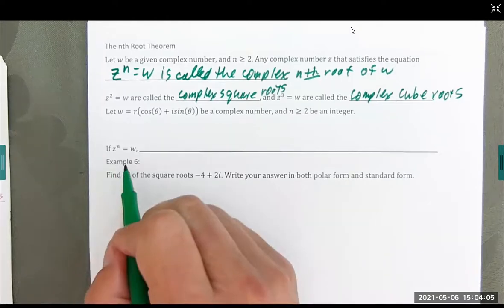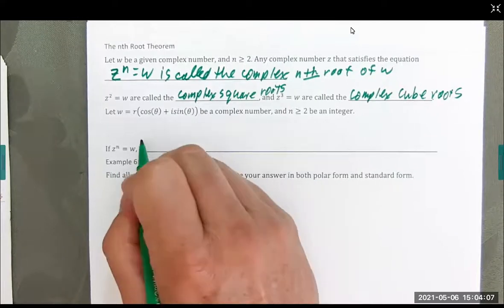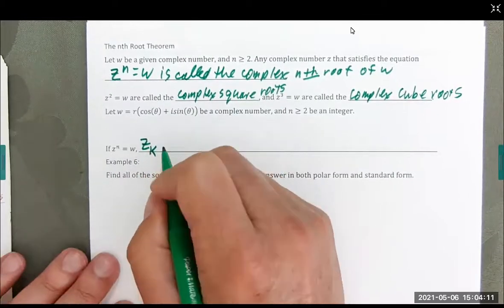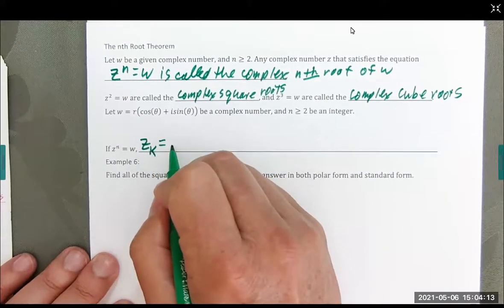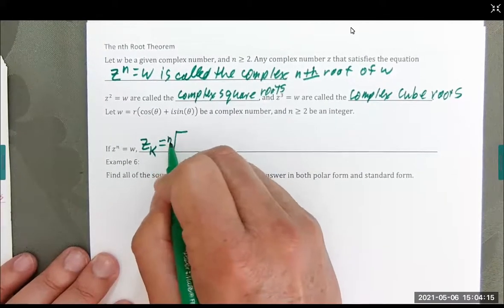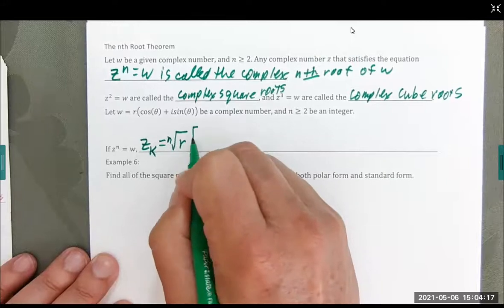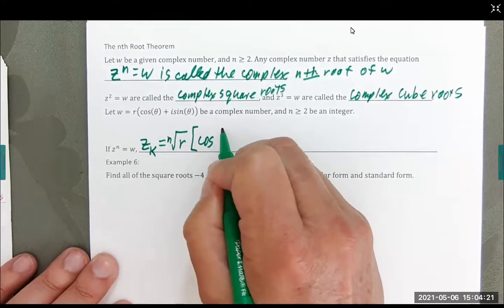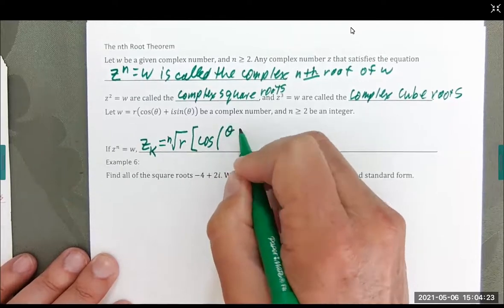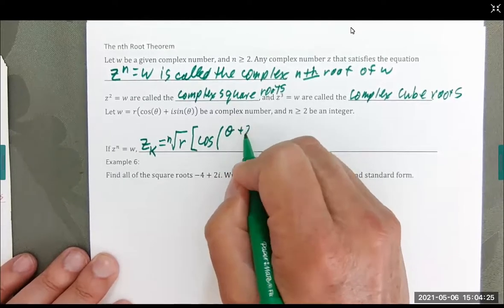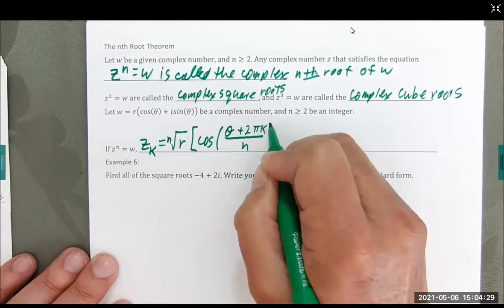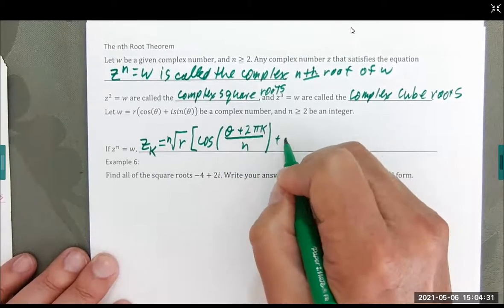So if we have this, what we say is Z sub k is the nth root of R times the cosine of theta plus 2 pi k over n, plus I sine.